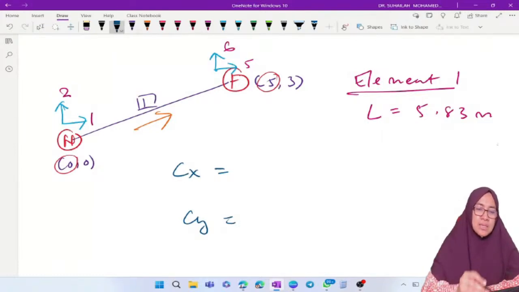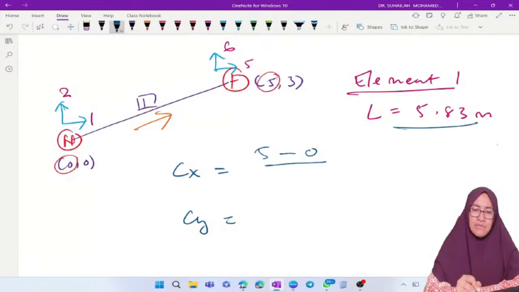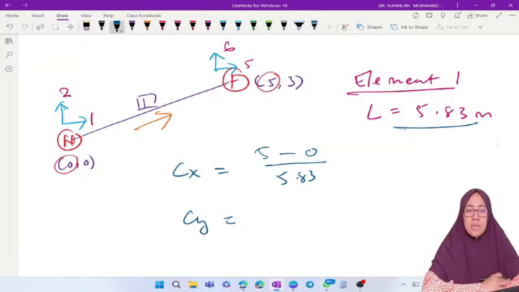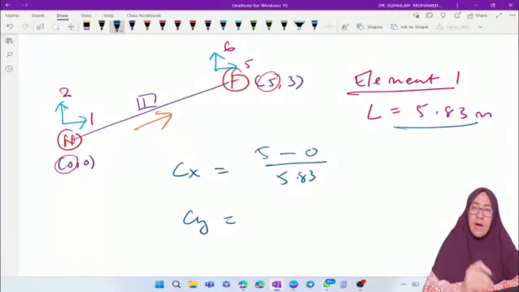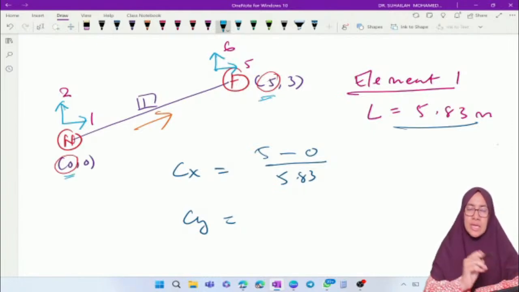It is 5 minus 0 divided by L, where L is 5.83. It is far minus near: the far value is 5, the near value is 0, divided by L.